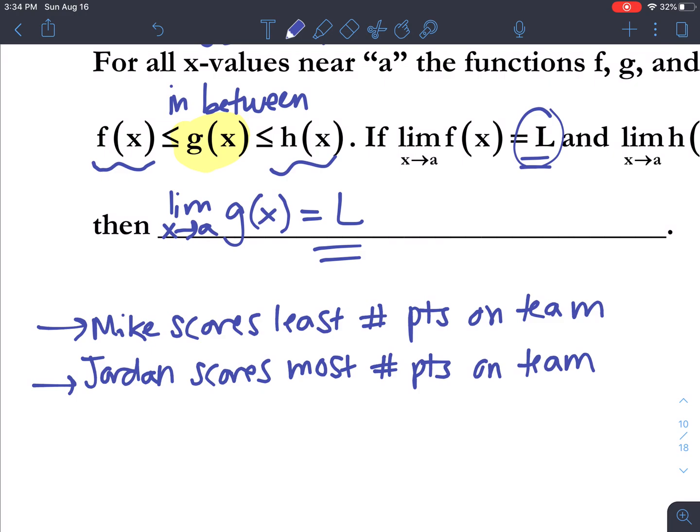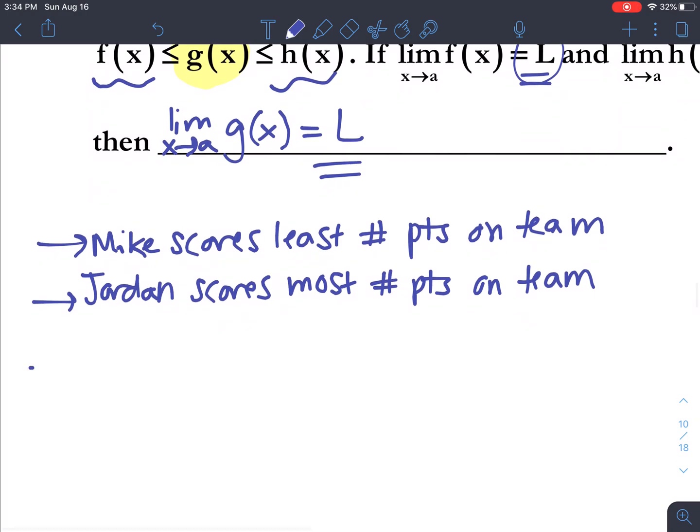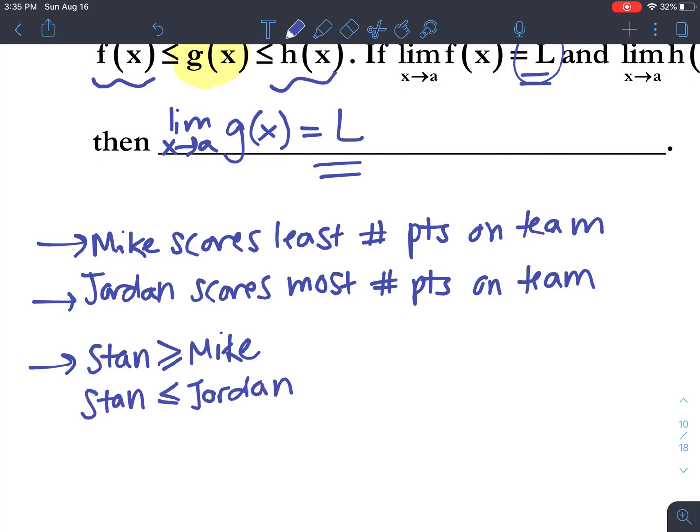So then there's this other member, his name is Stan. Stan is consistently always in between Mike and Jordan. No matter what Mike scores, Stan always scores more than him. So Mike scores the least, and Stan at least goes above Mike, but he always scores less than Jordan, because Jordan scores the most. So another way you could write this, if you're talking about scoring in basketball, put them in order.